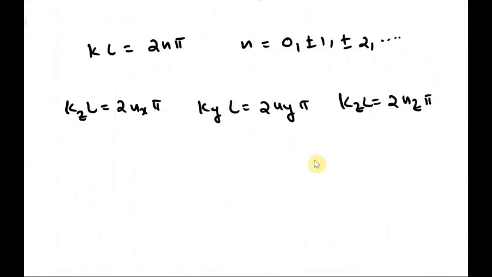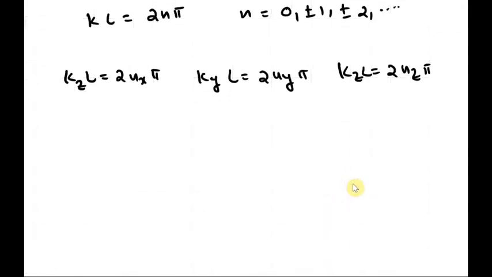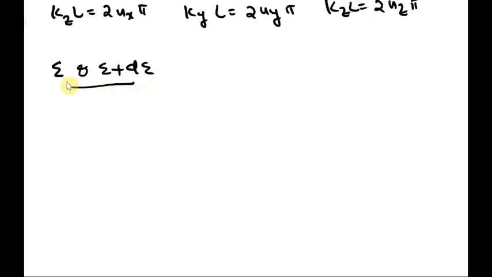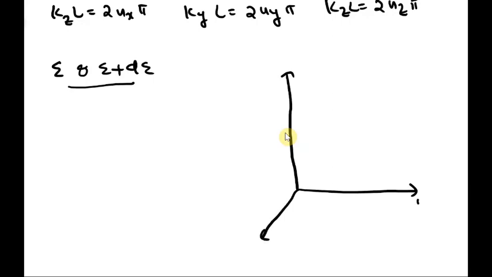First we developed the quantization condition, and now we have to count the states with energy between E and E plus dE. To do that, let us first draw the possible values of n and arrange them into a kind of spatial structure, and this is called n-space. Here we are taking the possible values of nx, ny, nz.